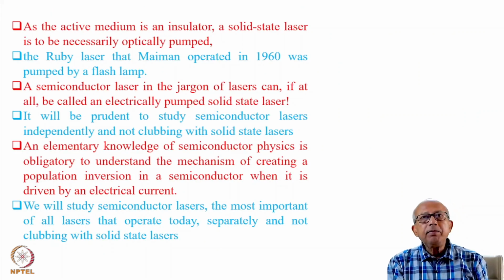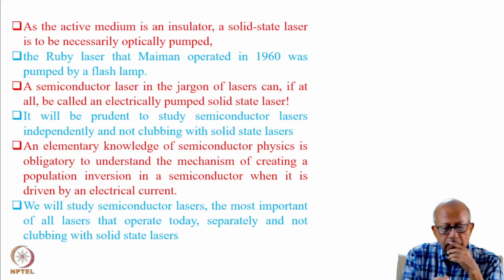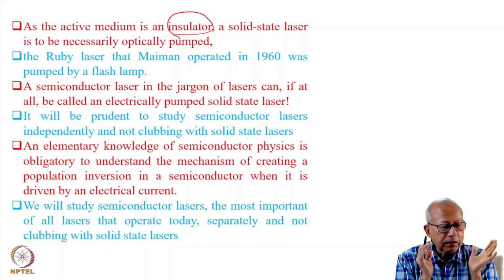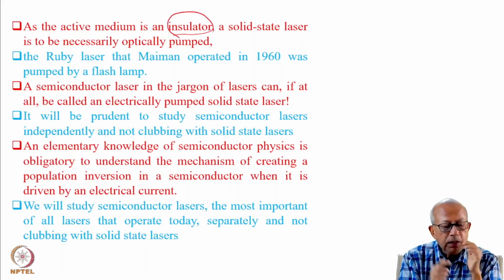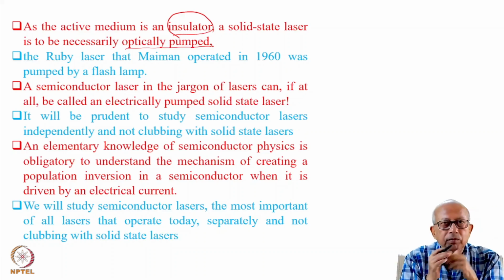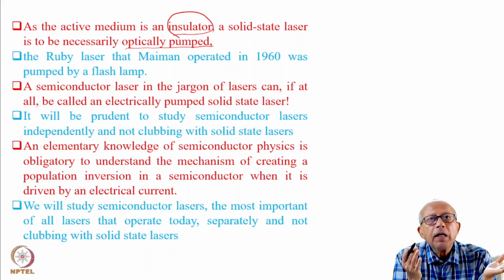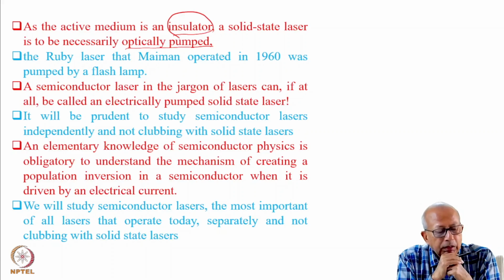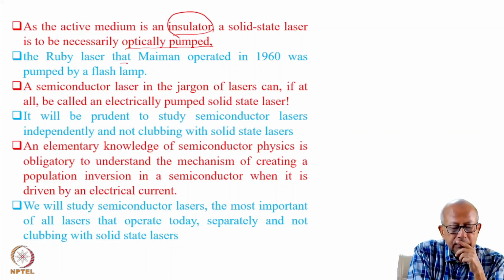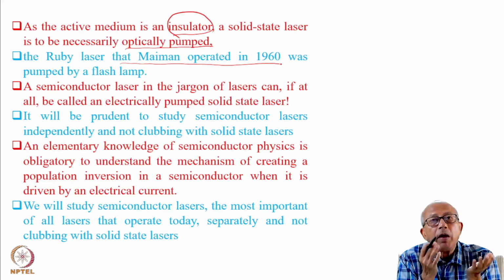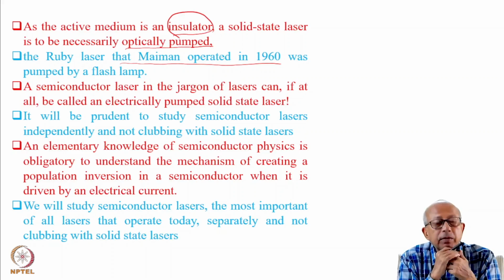Now, as the active medium of a solid state laser is essentially insulating, a solid state laser therefore has to be necessarily optically pumped and cannot be electrically pumped because it doesn't conduct electricity. For instance, the ruby laser that Maiman operated in 1960, as you know, was pumped by light emitted by a flash lamp.